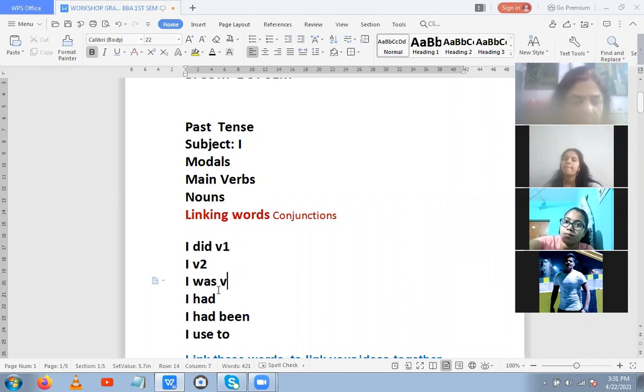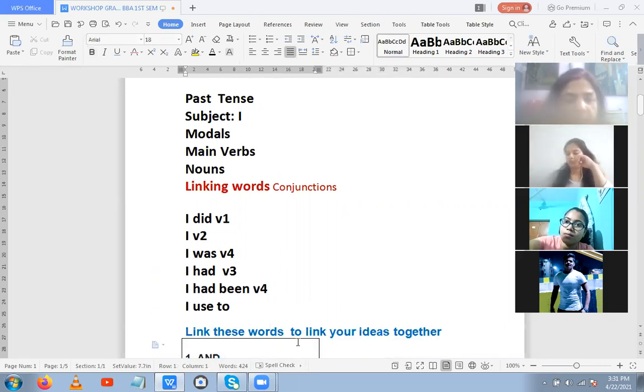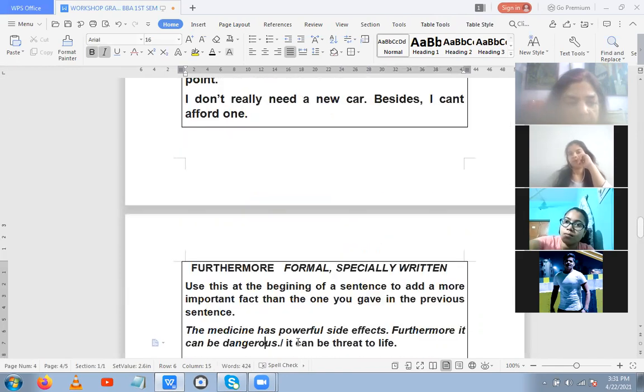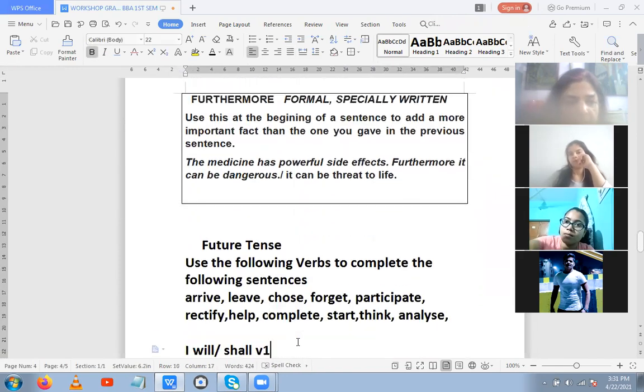I was takes V4. I had takes V3. I had been takes V4. Some words I think I had written down for future tense.